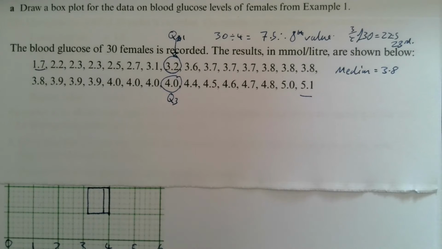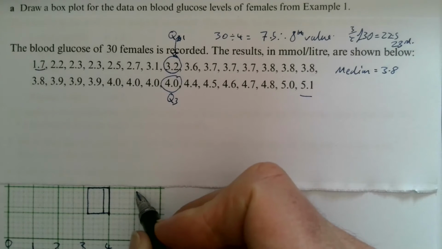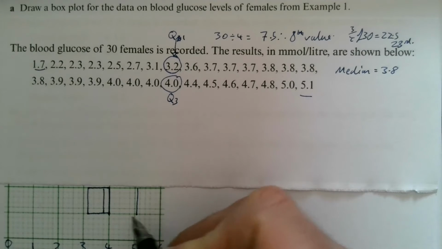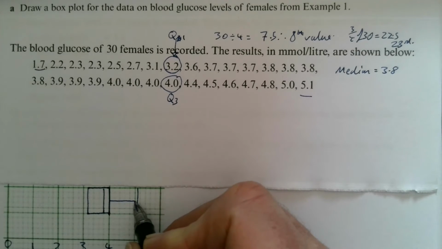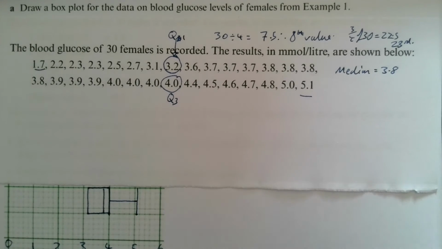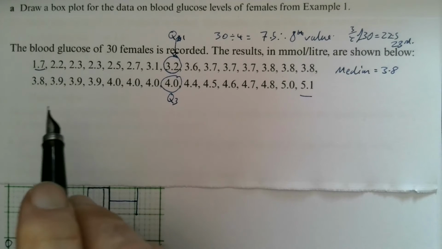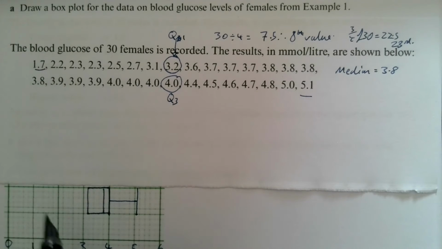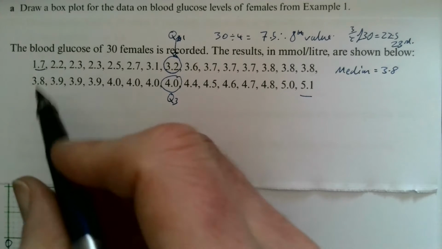Last week, if you remember, 1.7 turned out to be an outlier. 5.1 didn't, so I can put my 5.1 in here, halfway between 5.0 and 5.2. Should use a ruler, really. Then, where will our lowest point that we want to register be as opposed to our outlier?